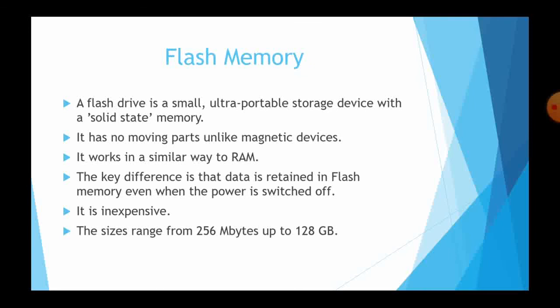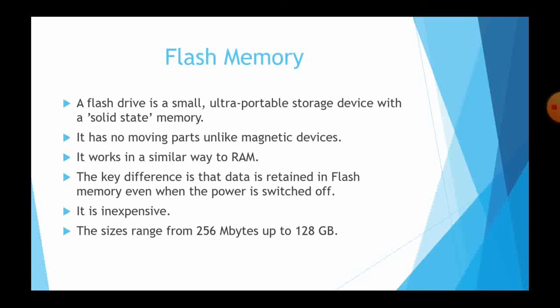Flash memory. A flash drive is a small, ultra portable storage device with a solid state memory. It has no moving parts like magnetic devices. It works similar to RAM, but the difference is that we can retain the data once the power gets switched off. It is inexpensive.